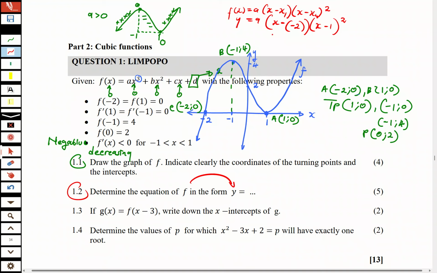Now, guys, we just need to solve this. So this is the same as a into x plus 2, and then this 2 here tells you now you have the squared binomial. You know how to deal with the squared binomial. You simply square your x and then square also your 1.